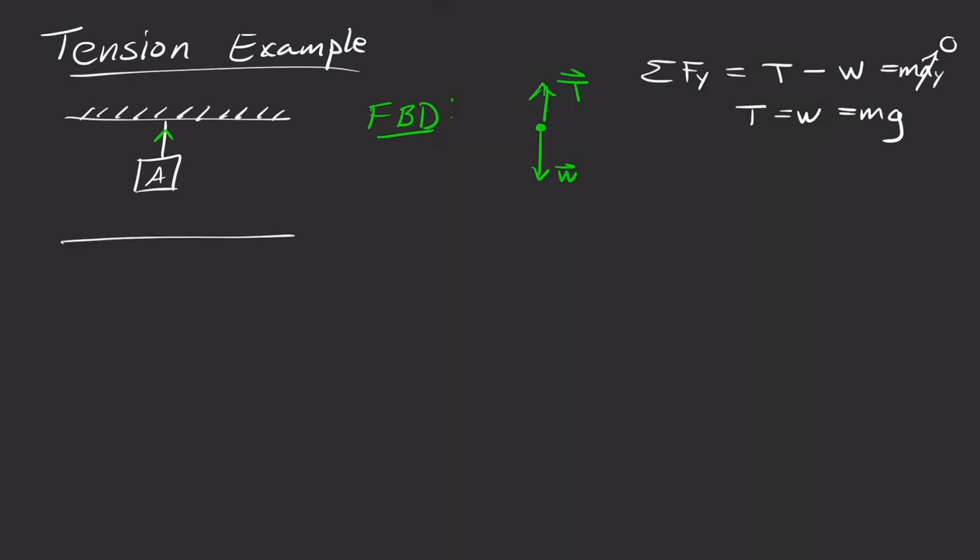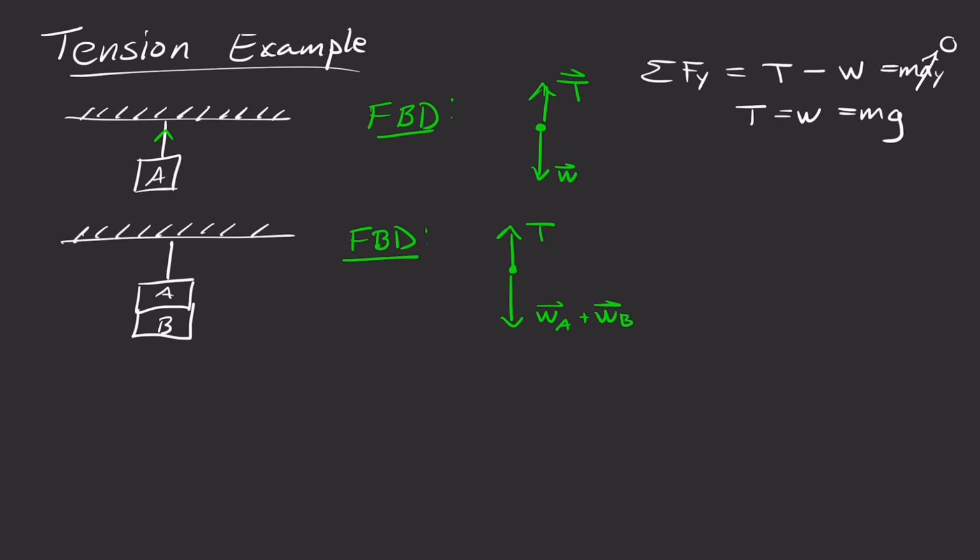But now, if I were to add another block on top of it, or to the bottom of it, now this same cable is having to support even more weight. So if we draw the free body diagram, we have the same tension going up, but now it's having to support the weight of A plus the weight of B pulling down on it.